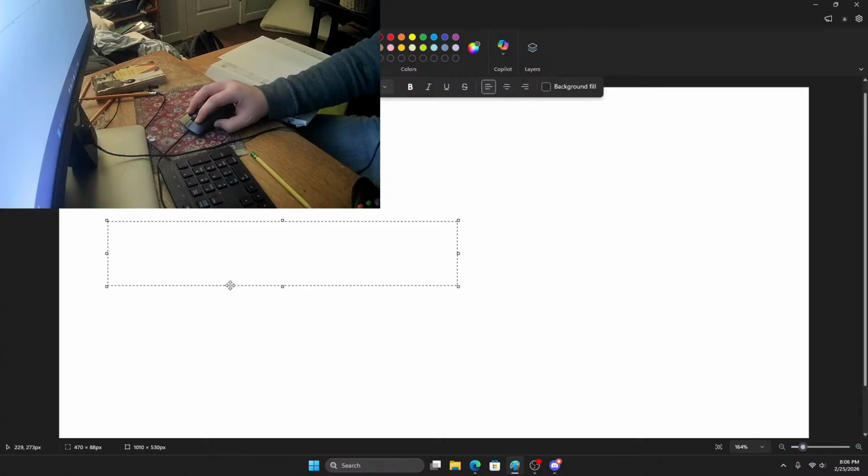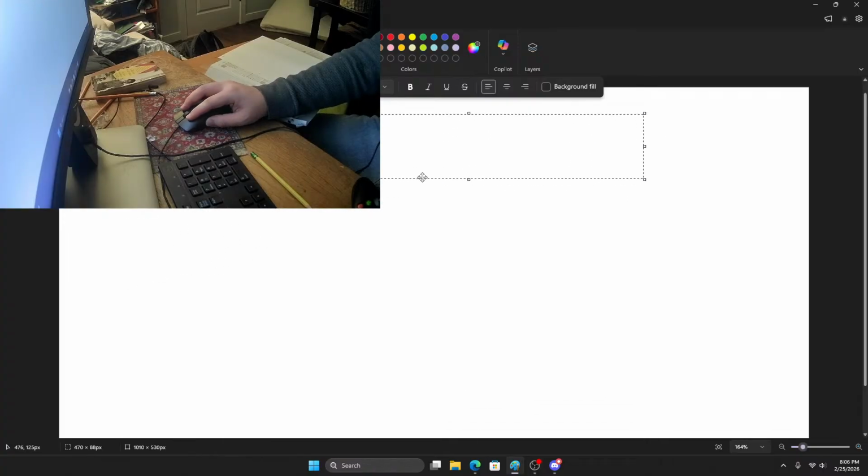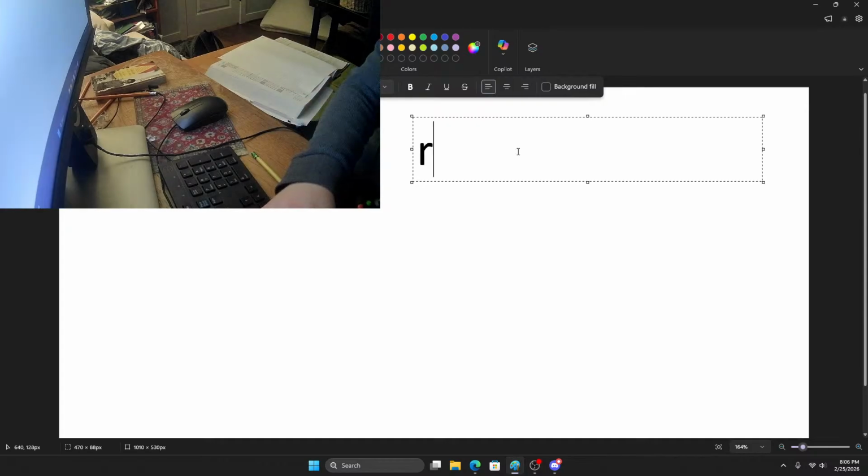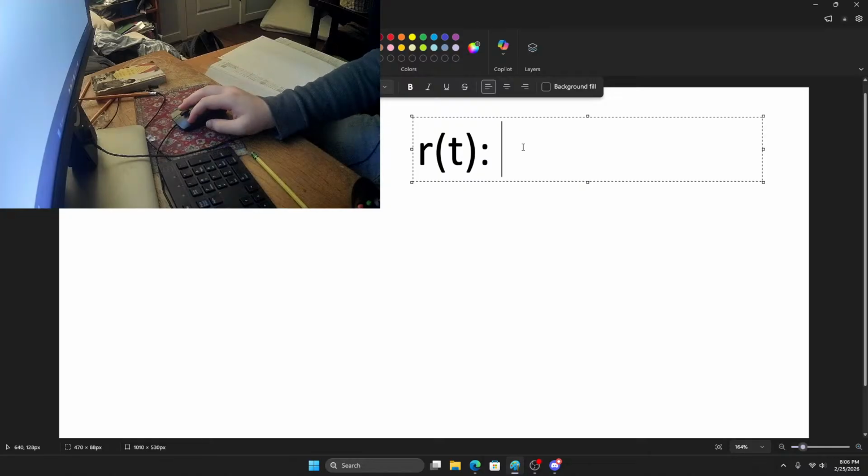I'll give an example here. We have a vector function, lowercase r of t. If t is a given value, then you have to evaluate it at the given function's r.